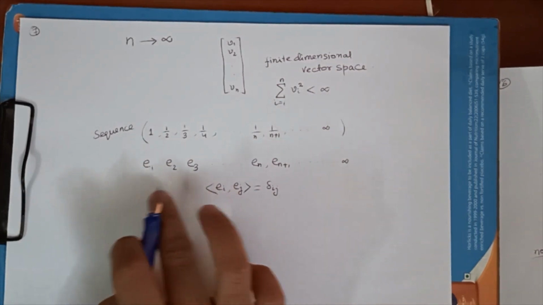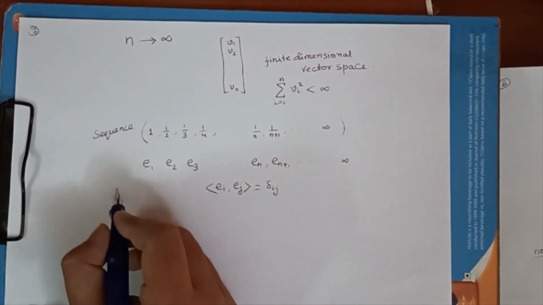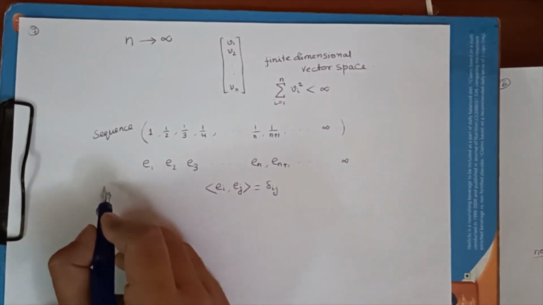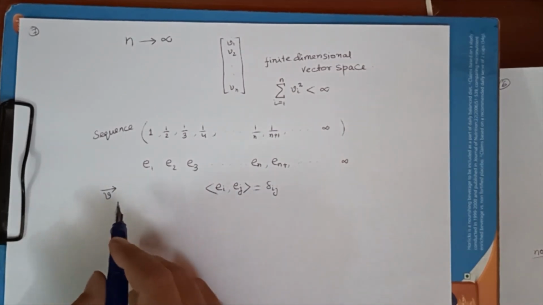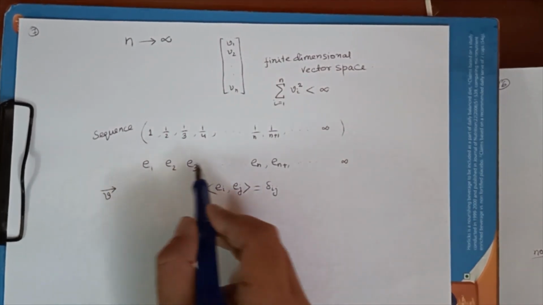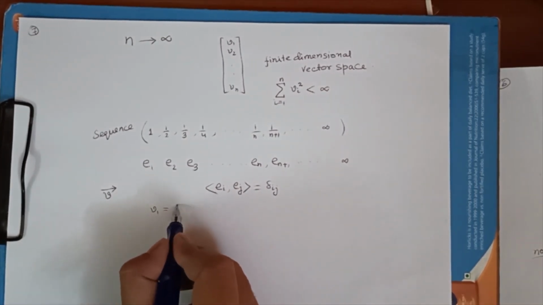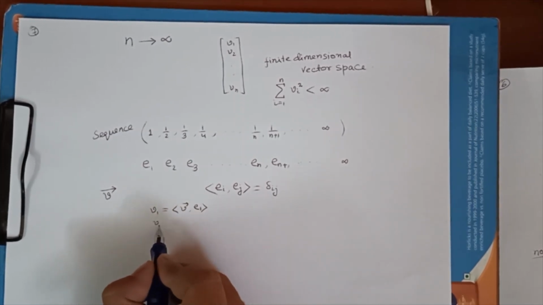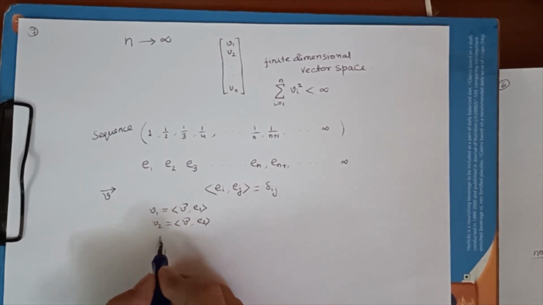Now suppose this exists, and there is some vector v in this infinite dimensional vector space. Can we compute the coordinate representations? Of course, we can compute the inner product of v with all of them. Let us do that. Your v1 will be the inner product of v and e1, your v2 will be v and e2, and so on and so forth.